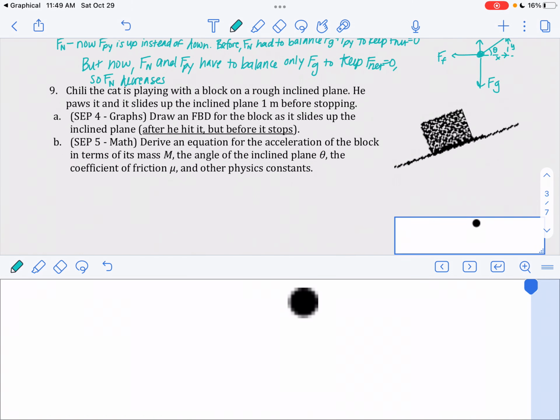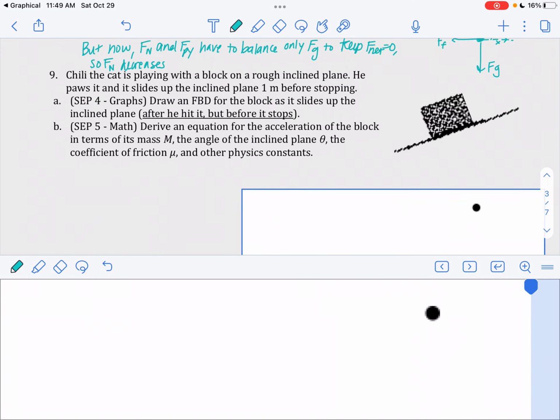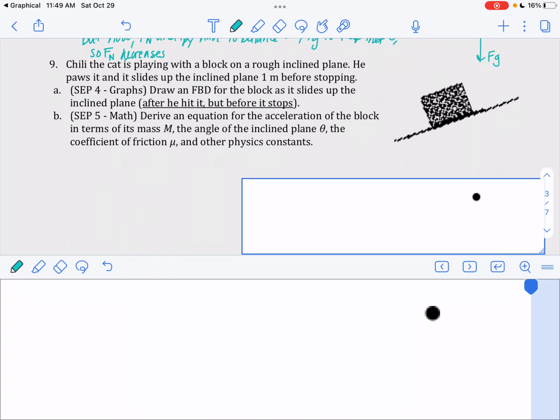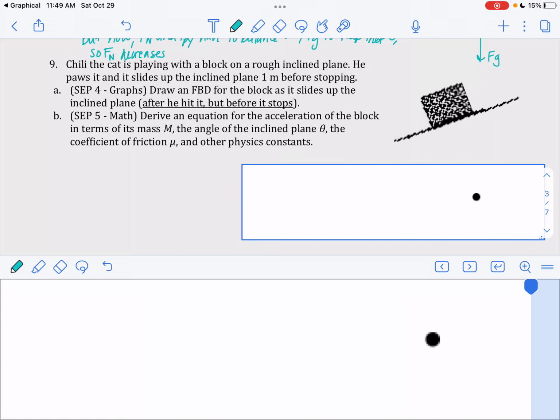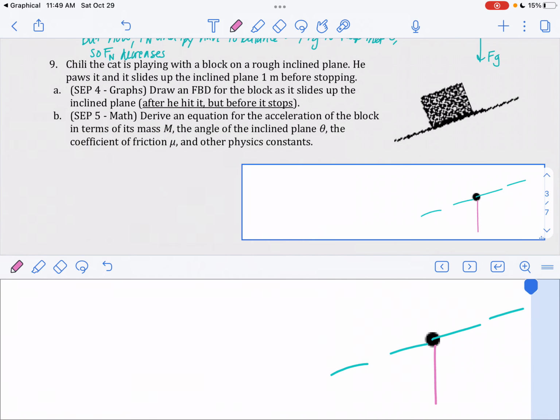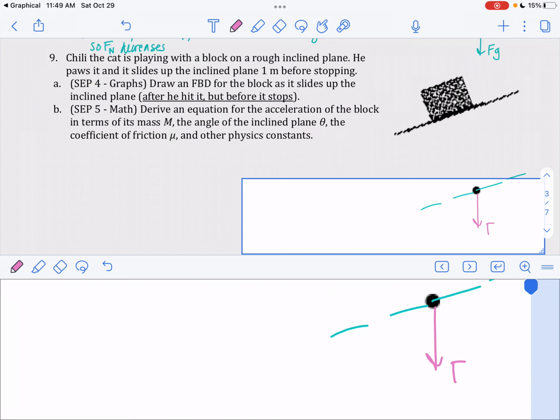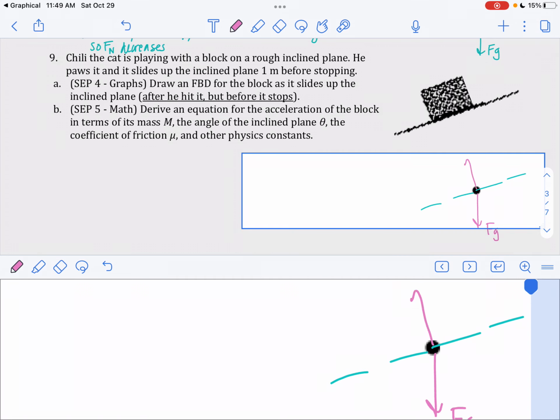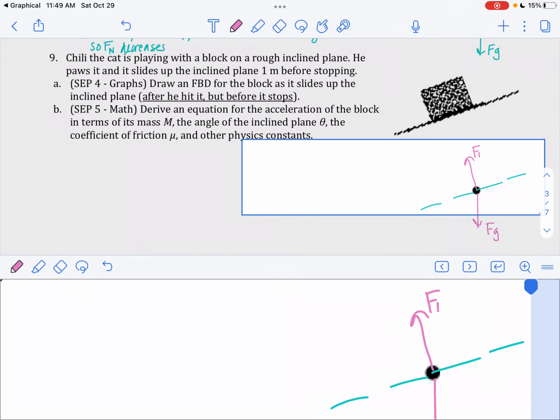Okay, let's do this one. So Chili the cat is playing with a block on a rough incline. He paws it and it slides up the incline. So I'm going to draw in my surface. I'm going to have my force of gravity, my normal force.